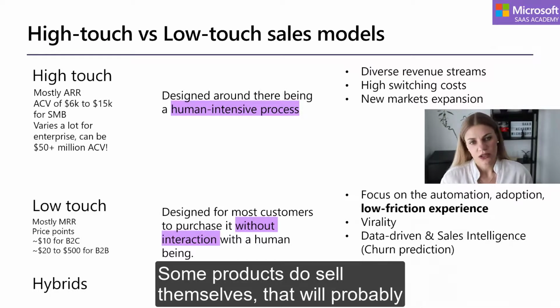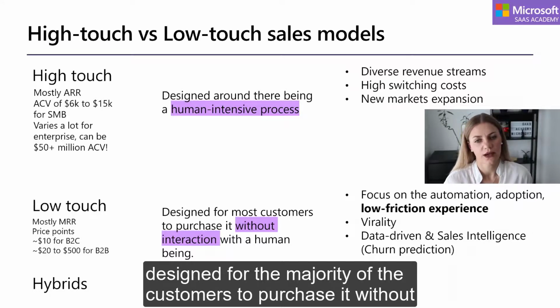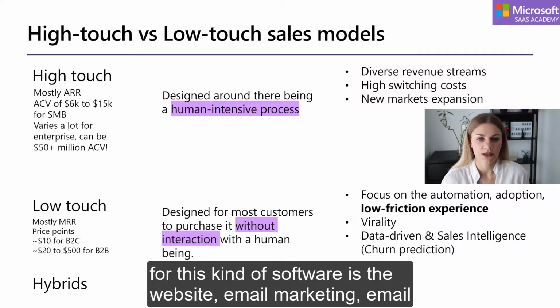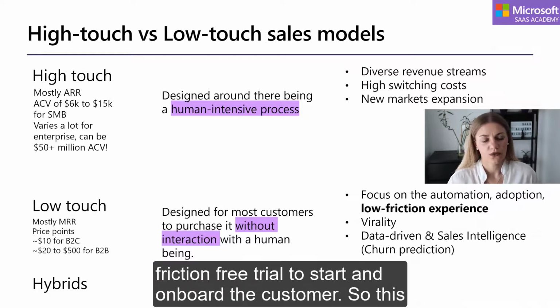Some products do sell themselves. They fall into the low-touch sales model category, which is designed for the majority of customers to purchase without interaction with a human being. The primary sales channels for this kind of software are the website, email marketing, and a free trial, a very, very low friction free trial to start and onboard the customer.